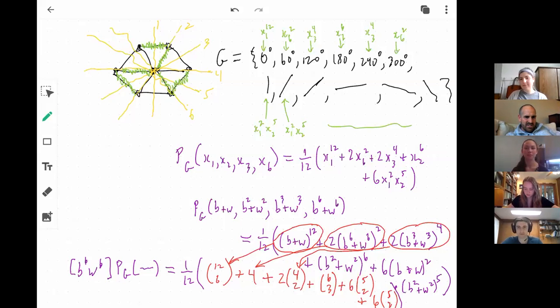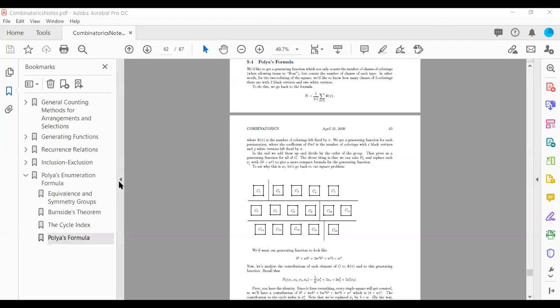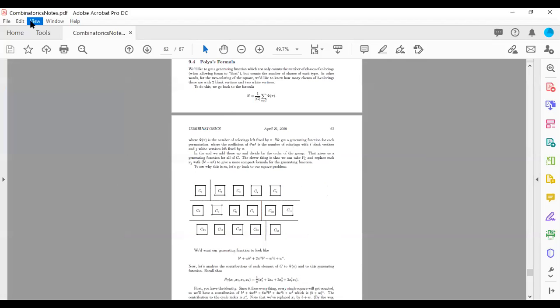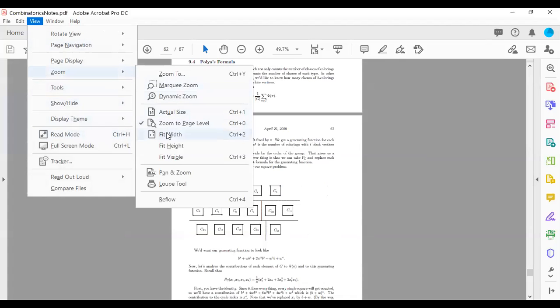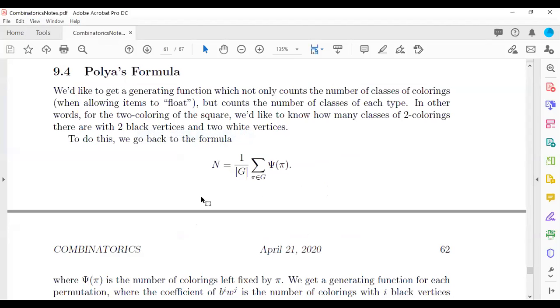Here, I'll show you the ultimate thing here, and then we'll be done, I guess. So this is the ultimate formula down here.